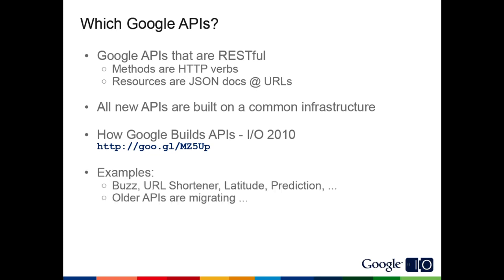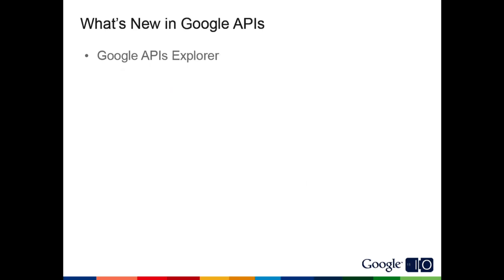In the last year, we've introduced several new APIs on this new infrastructure. Today, we'll be using the Buzz API and the URL Shortener API. There are 13 APIs now out on that infrastructure as of today, a lot more as of this morning, and you can go check them all out and see what's available.